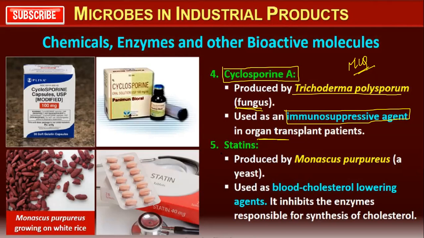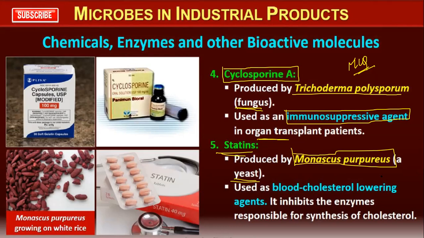Right? The last one is the statin. Statin is produced by a yeast which is again a fungus, Monascus purpureus. Guys, streptokinase, lipase, cyclosporin, statin. 4 terms, very important. The statin is used as a blood cholesterol lowering agent. So you have the lipase removing oily stains from clothes.